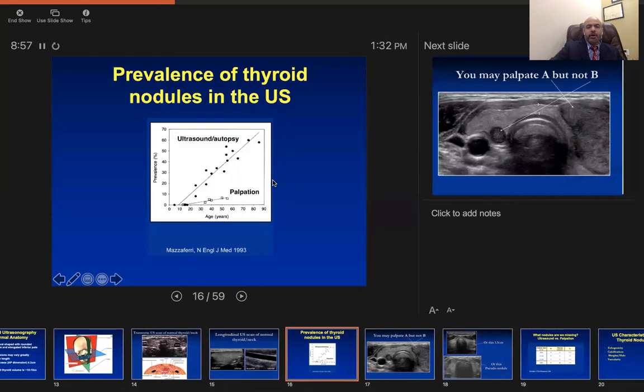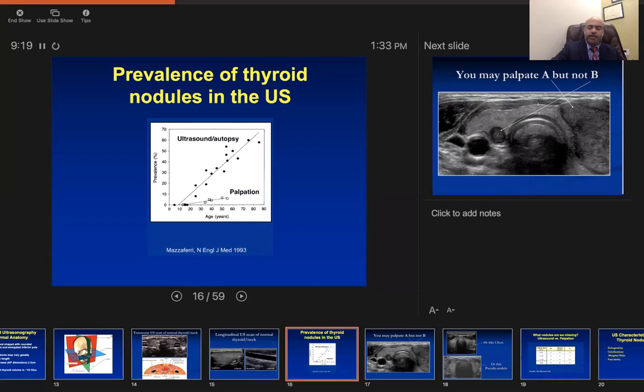So how prevalent are thyroid nodules on ultrasound? This slide, from a paper published in NEJM back in 1993, shows that as we age, we do develop thyroid nodules, and those are sometimes due to underlying autoimmunity, Graves' disease, Hashimoto glands.